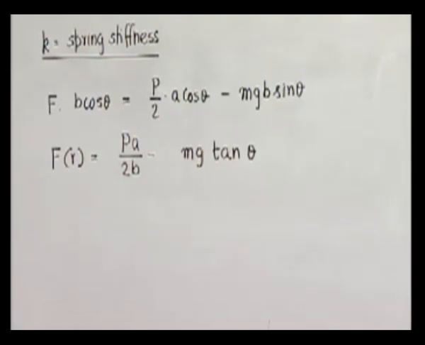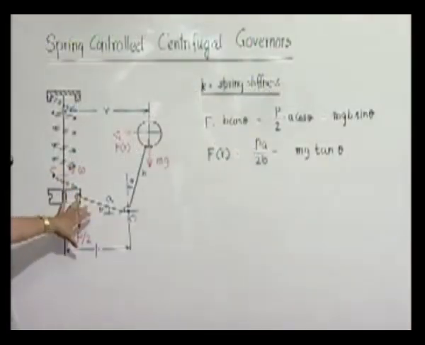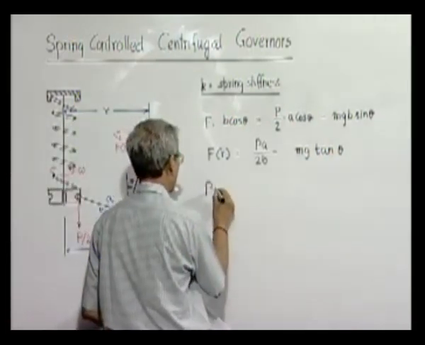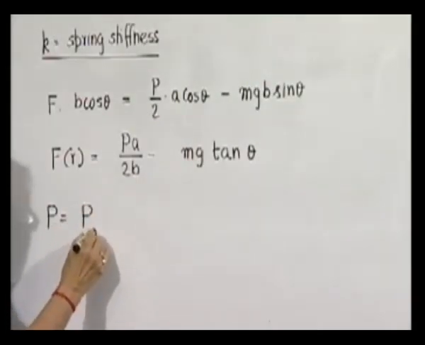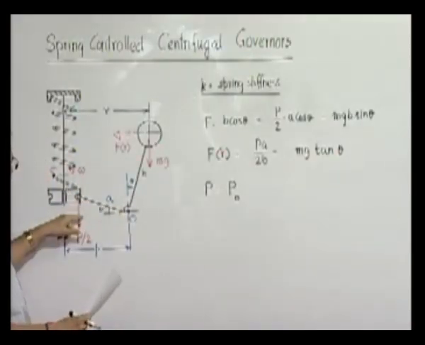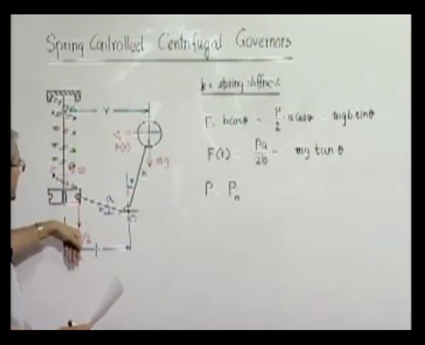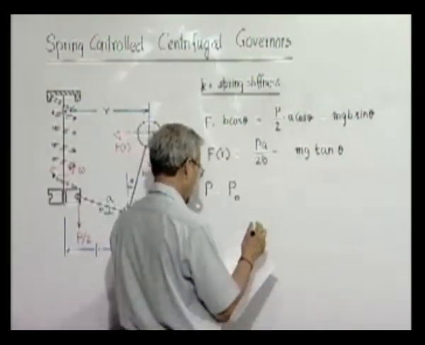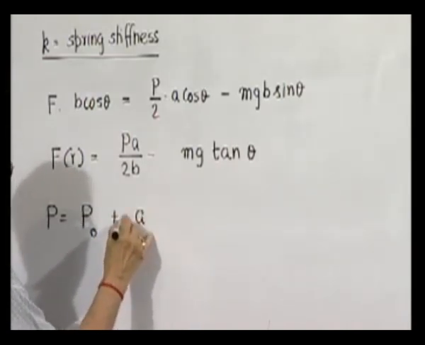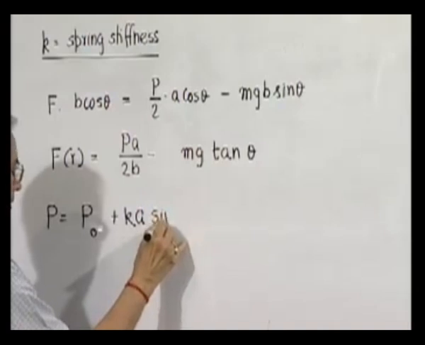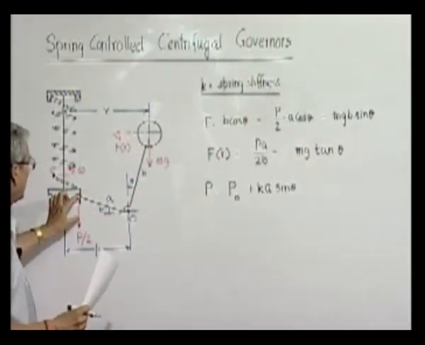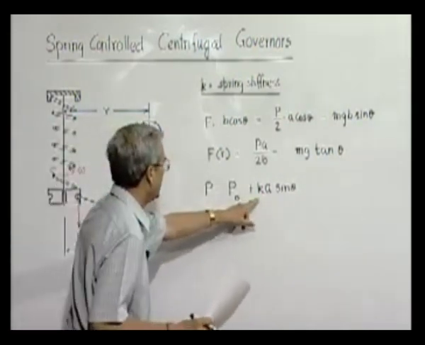Now again we know that the spring force at any particular position will be given by, now P0 is the force when angle theta is 0, corresponding to that position. At that time the spring force was P0. So when the angle is now theta, the further compression of the spring is A sine theta, and that multiplied by the stiffness is the further spring force.